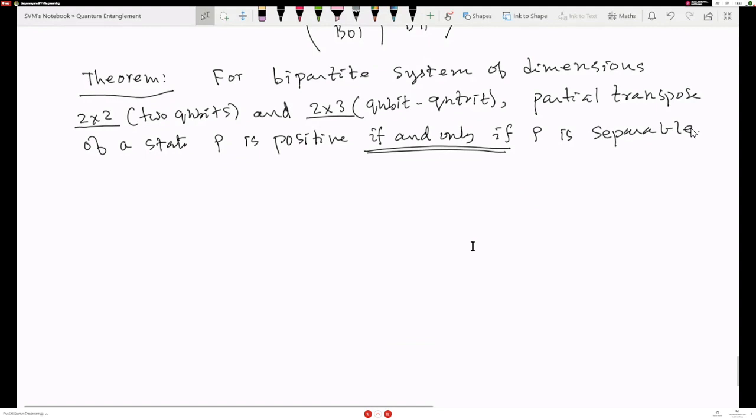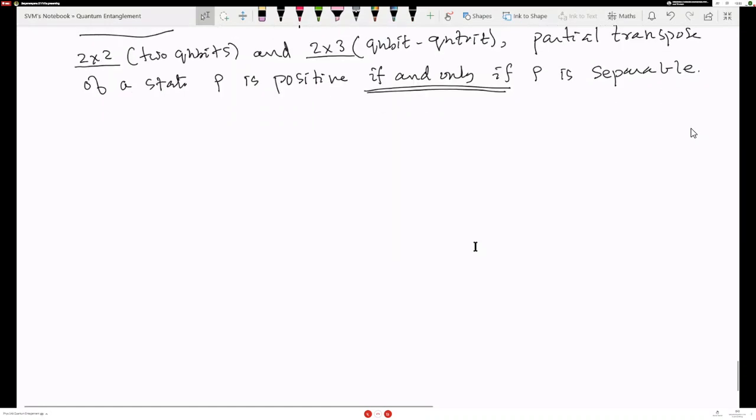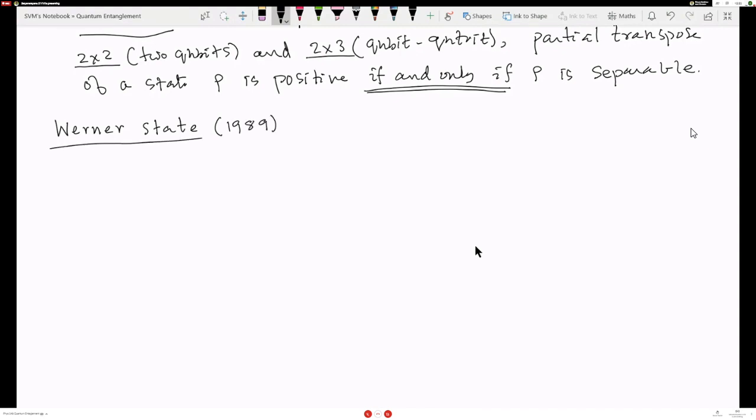Now, let me illustrate this with a very important state which was proposed by Werner. This is called the Werner state. It was introduced by Werner in 1989. It's a very clever construction. This is a mixed state.